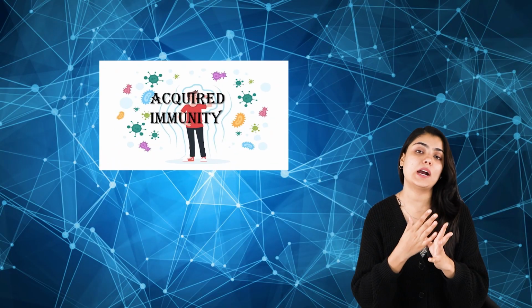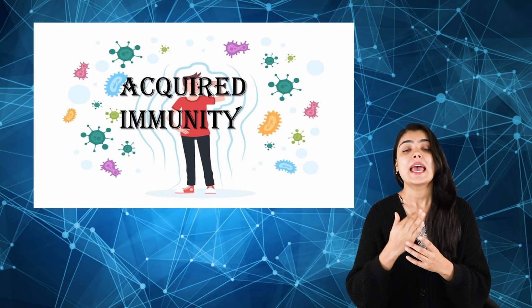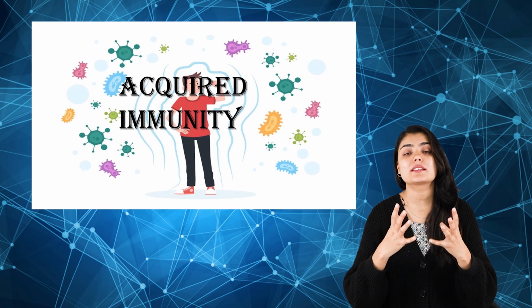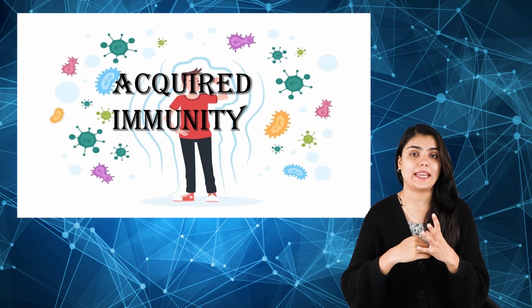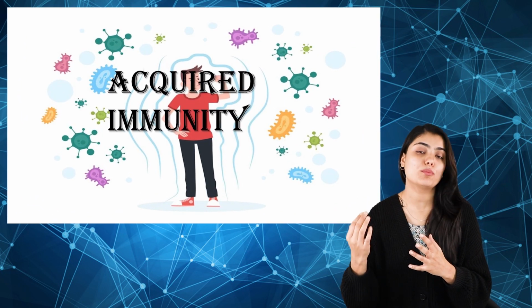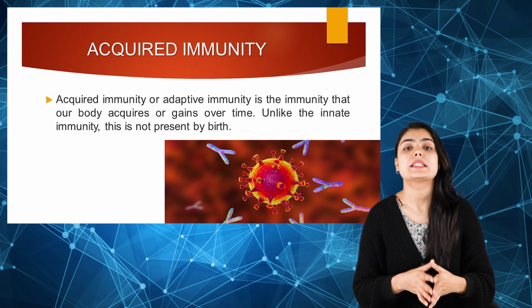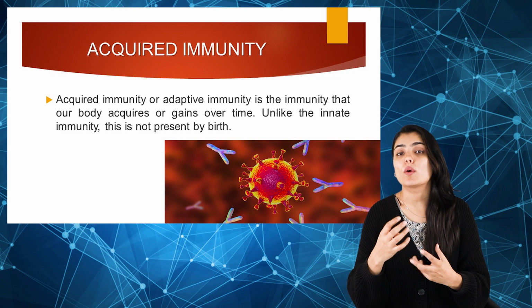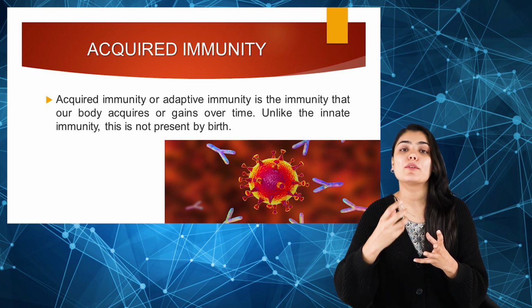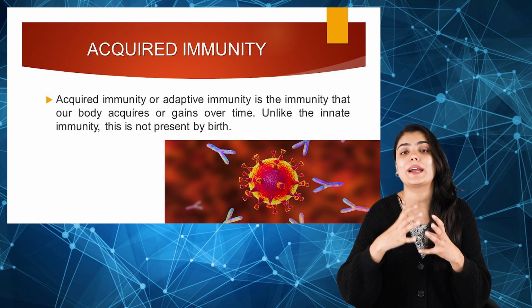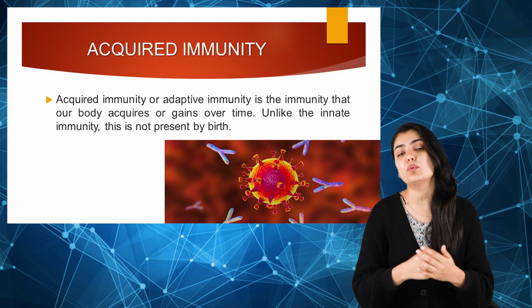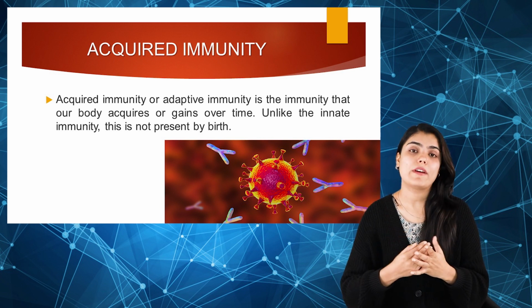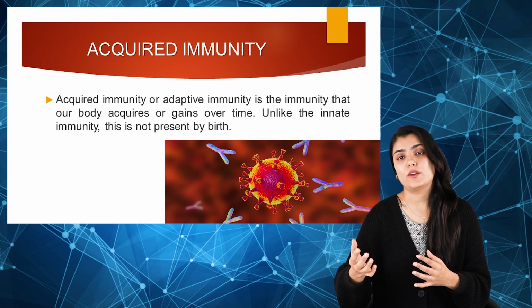Let us see what is acquired immunity. Again, from the term itself, we get an idea what is acquired immunity. As the term suggests, acquired, something that is acquired by an individual after the time of birth. Acquired immunity is also called as adaptive immunity because acquired immunity is the type of immunity that is acquired by a human body after the birth of an individual over a period of time.